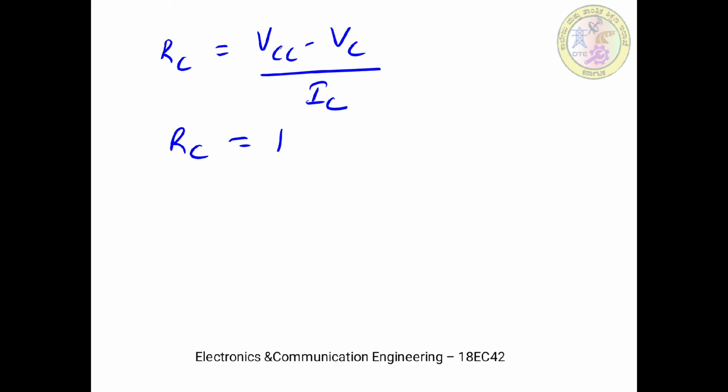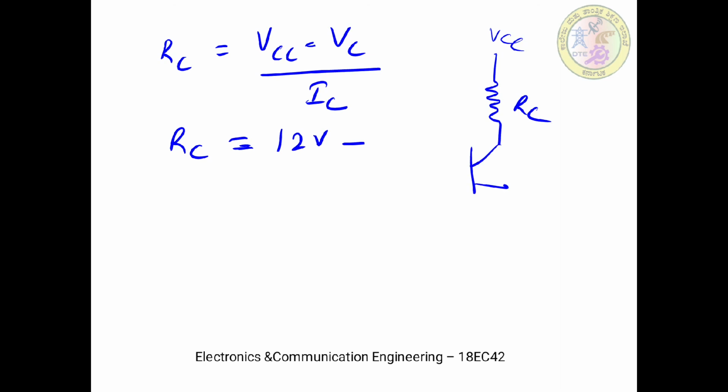Okay, so RC is given by the equation VCC minus VC divided by IC. Therefore RC will be equal to VCC, 12 volts, minus VC. So what is this VC? Just recall the circuit we have at the collector, this is the RC value.